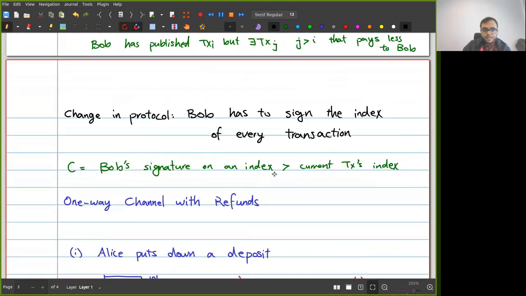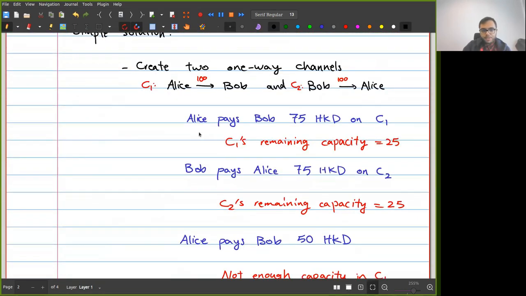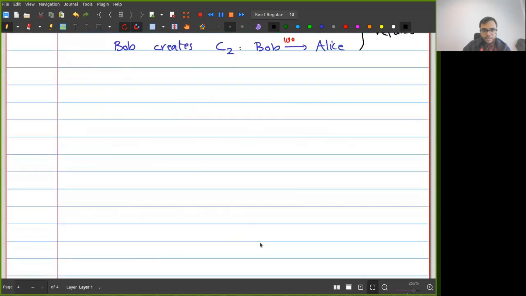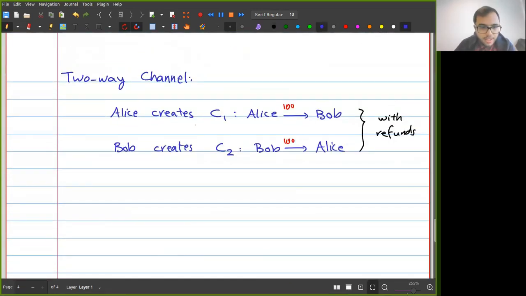Now let's consider the same situation as here. So first Alice is paying 75, then Bob is paying Alice, then Alice is again paying Bob. Okay. So let's say these are the payments that I want to have. First, I want Alice to pay 75 to Bob.